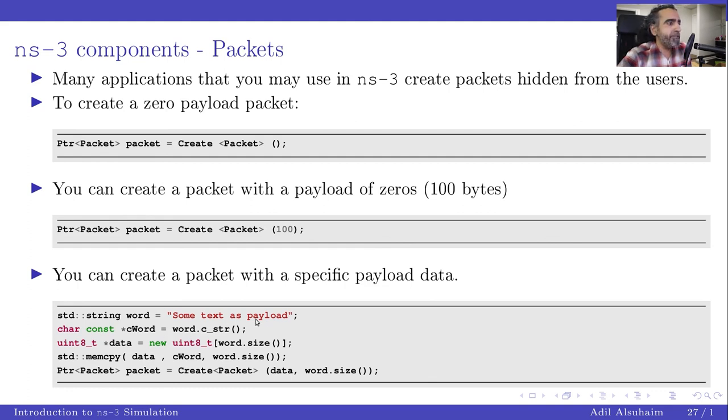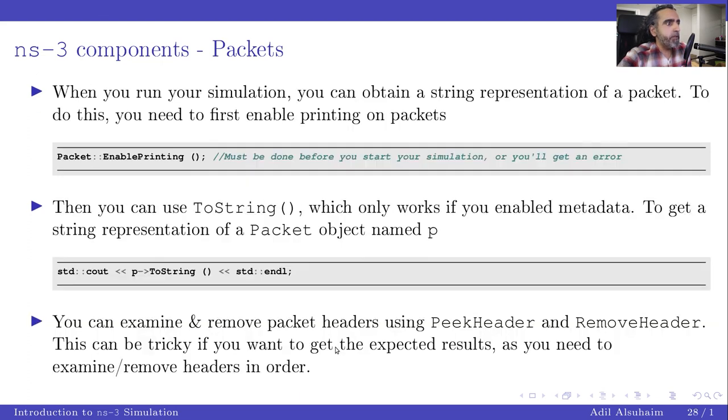You can also specify a payload by saying it's this string, convert it to a byte array, and then use the byte array and the length of that array. Okay. You can enable printing, because if you want to print packets using the ToString function, then you do that. It will print details about what's in the packet, like all the headers and stuff.